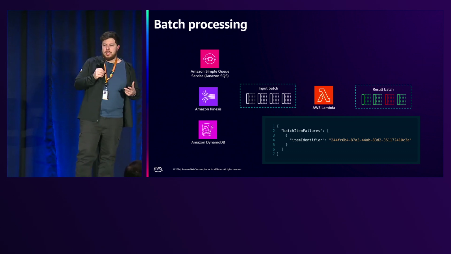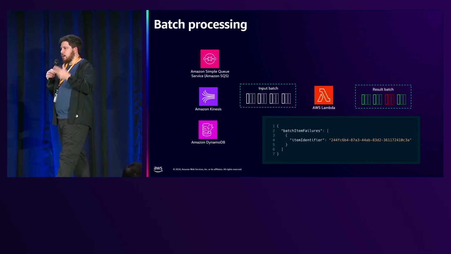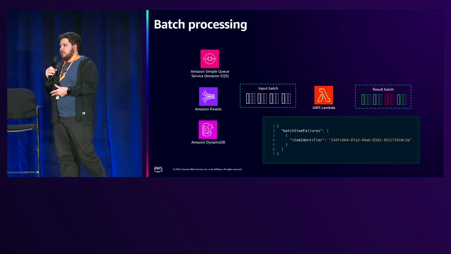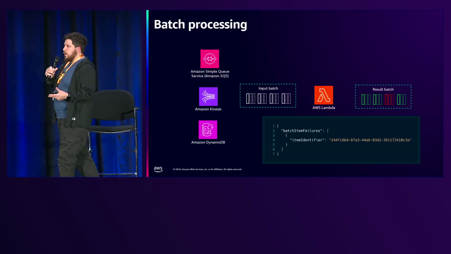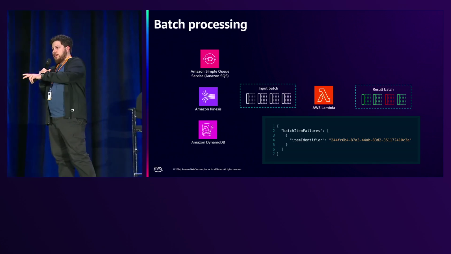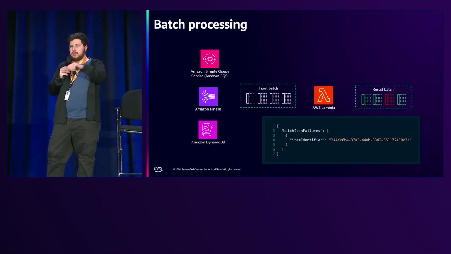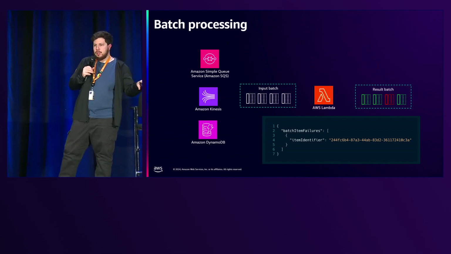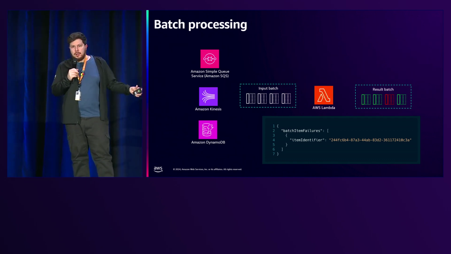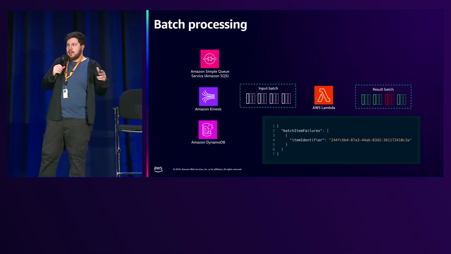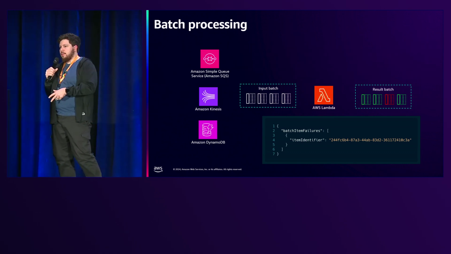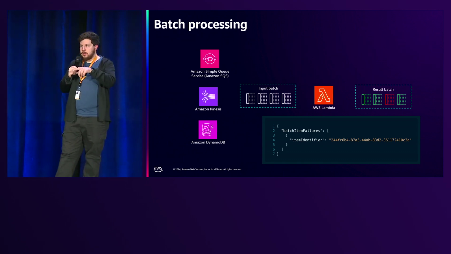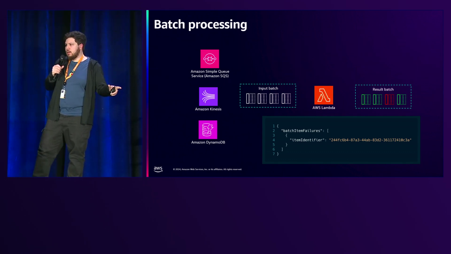Let's say you're processing a batch of records, and one of them raises an exception. The default behavior of Lambda will be to put the entire batch back into the stream or the queue so that it's processed again. But if I have, for example, 5 records and only one of them failed, why do I need to process the other 4 again?